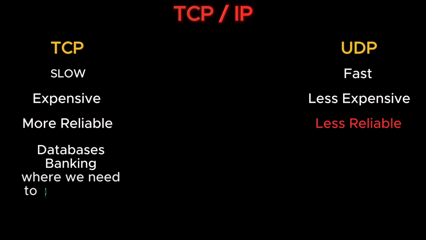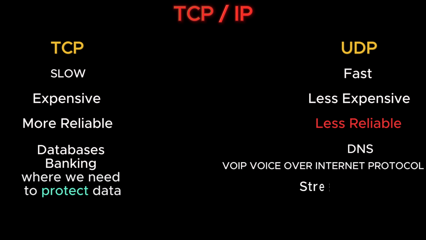UDP does not provide error correction or packet sequencing, nor does it signal a destination before it delivers data, which makes it less reliable but less expensive. As such, it is a good option for time-sensitive situations, such as DNS, meaning Domain Name System lookup, VoIP, meaning Voice over Internet Protocol, and streaming media.